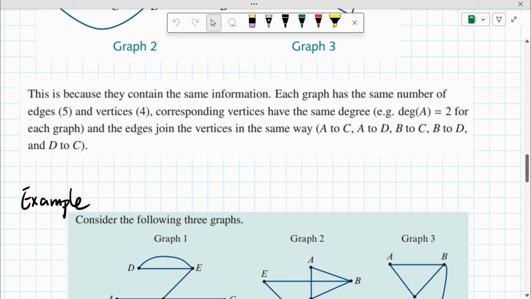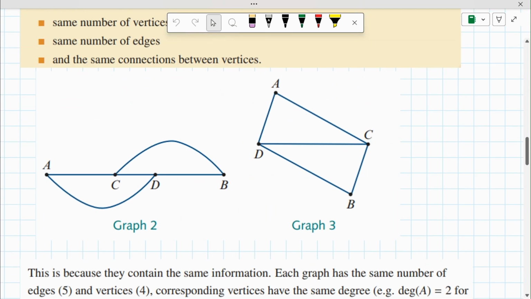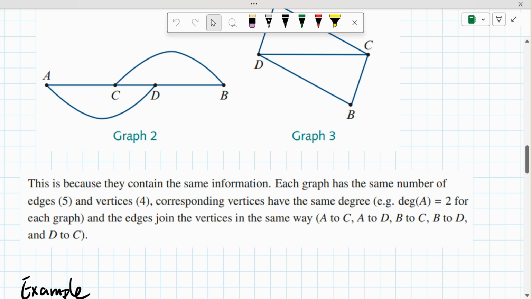Each graph has the same number of edges, 5, and 4 vertices. Corresponding vertices have the same degree. For example, the degree of A is 2. And the edges join the vertices the same way: A to C, A to D, B to C, B to D look the same, and C to D, D to C.